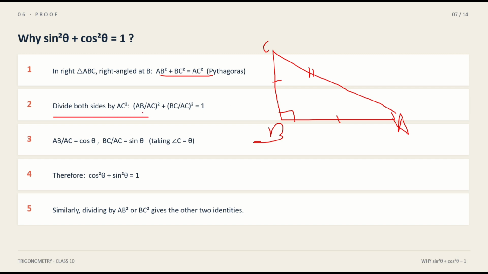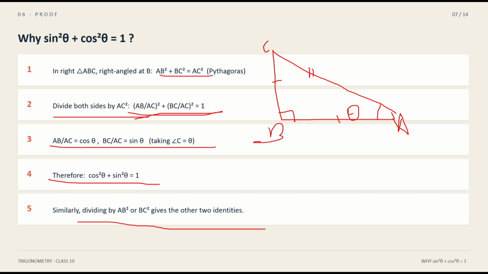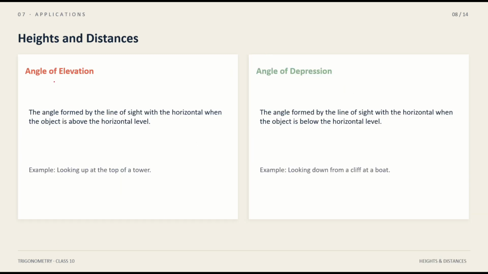After dividing both sides by AC square, we can write AB by AC, which is cos theta if this is theta, and BC by AC, that is sin theta. So sin square theta plus cos square theta is 1. Similarly, dividing by AB square or BC square, the other identities can also be obtained.